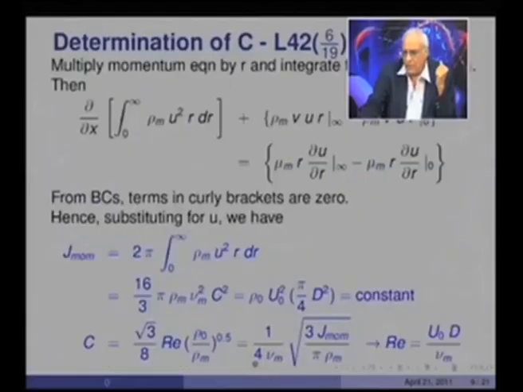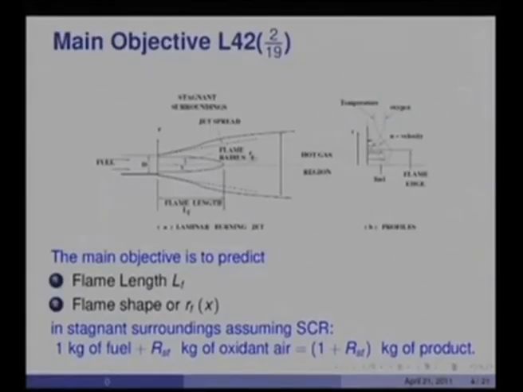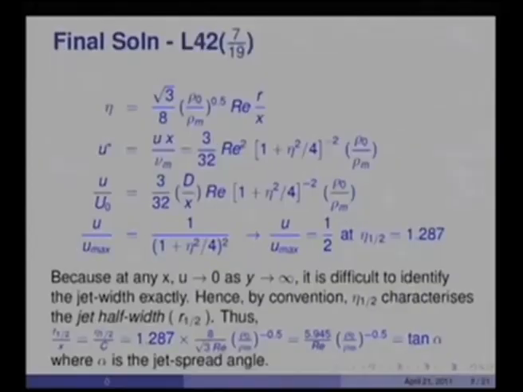You will recall that I had shown you the jet spread. So, r half divided by the corresponding x will simply give you the angle of the jet. It is obvious that the bigger the Reynolds number, the smaller would be the jet spread angle, as we would expect.